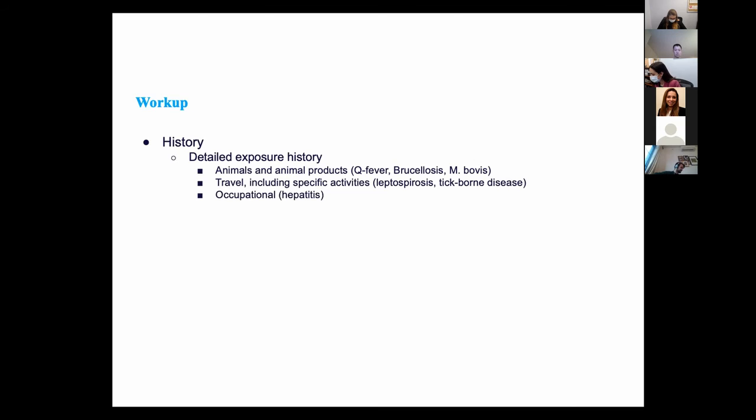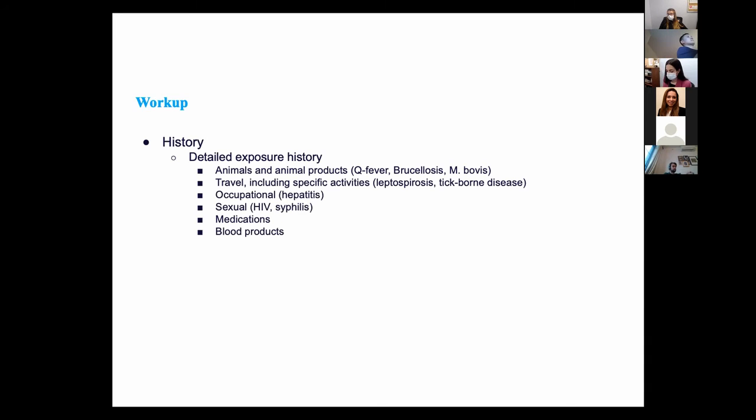Occupational: needle stick injuries could be a clue for hepatitis. Obviously, a sexual history for HIV, syphilis, and certain others; any newly started medications for drug fever; blood products. That's not so much of an issue nowadays, since the early 90s when all the blood products were screened for HIV and hepatitis.